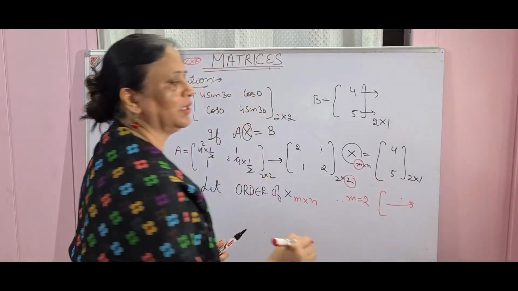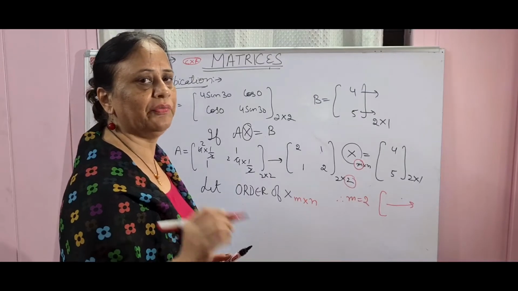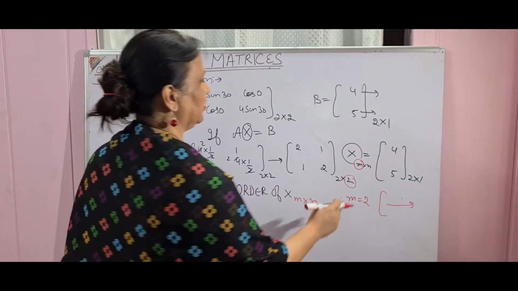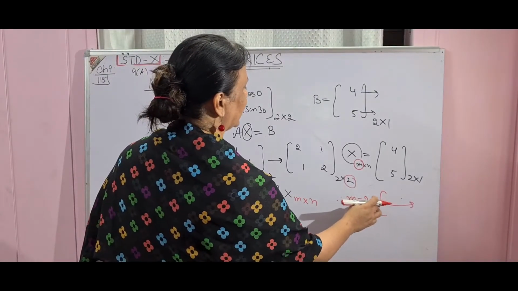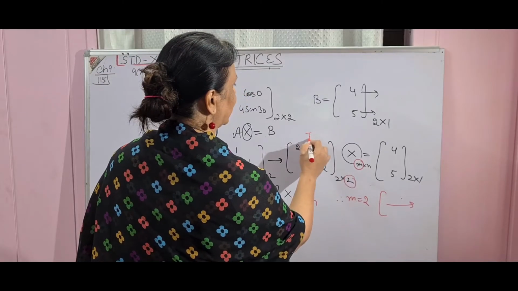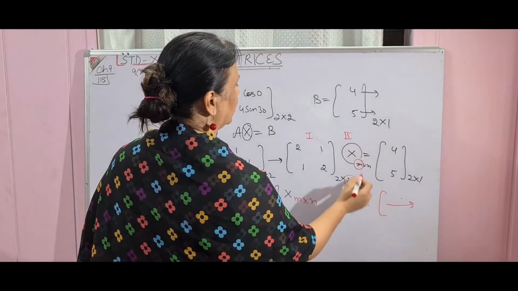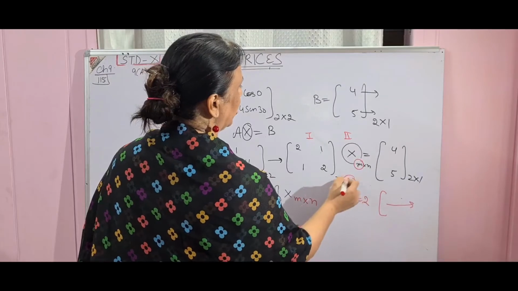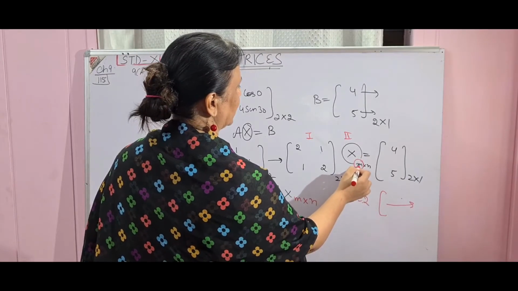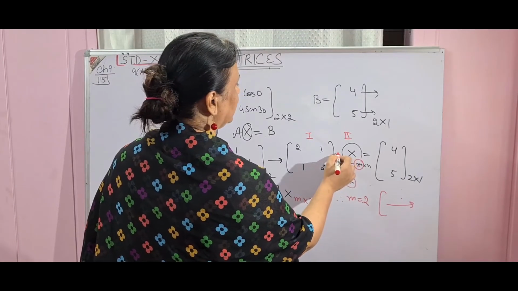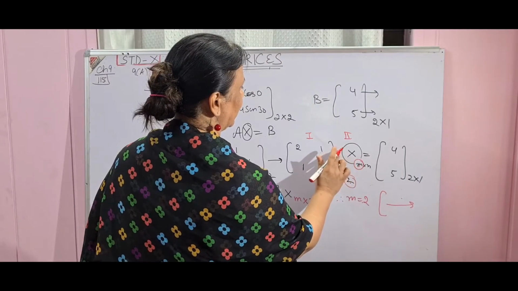Reason or rule: in most questions you will get "give reasons." So you will write that because the columns of the first matrix are equal to the rows of the second matrix, m is equal to 2. And you know why? Because in between there is a multiplication sign.